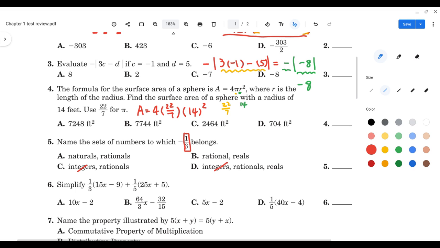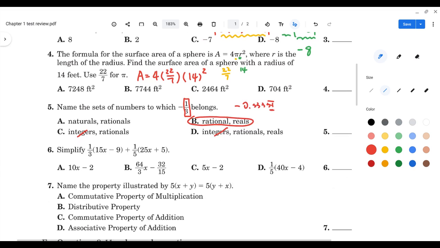And then it's B, basically. It's a real number. Whenever it's not imaginary, like a negative inside the square root, it is a real number. And then it's rational because negative 1/3 is negative 0.33333 repeating. Whenever you see it repeat, it is a rational number.